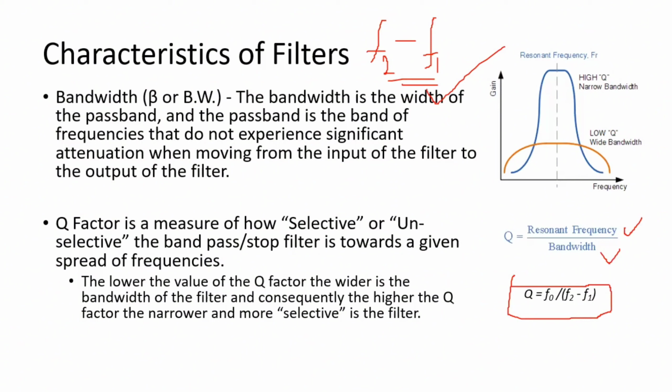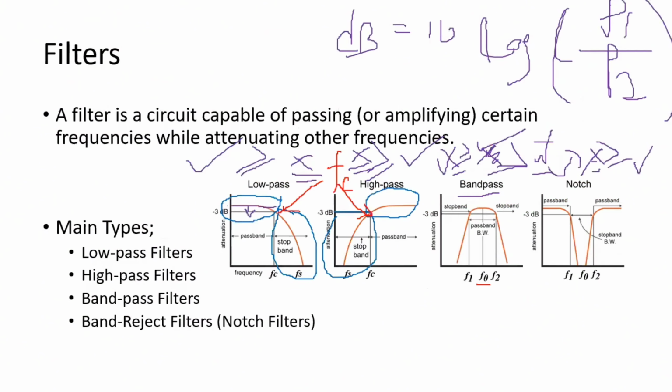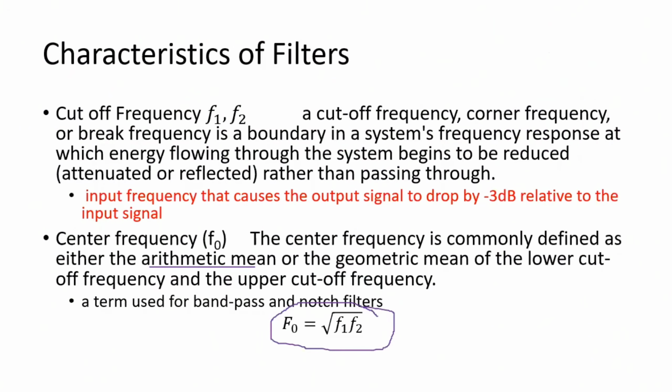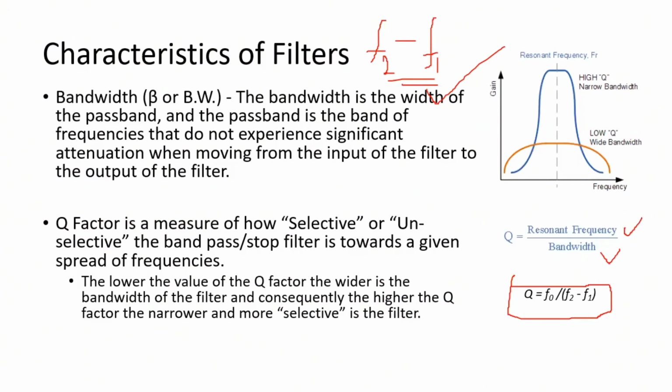You have an idea about resonant frequency from the RLC circuits. So we calculate the resonant frequency with the bandwidth. Since mostly the bandpass and the notch filters are equipped with RLC components, we can have an idea about the Q factor.